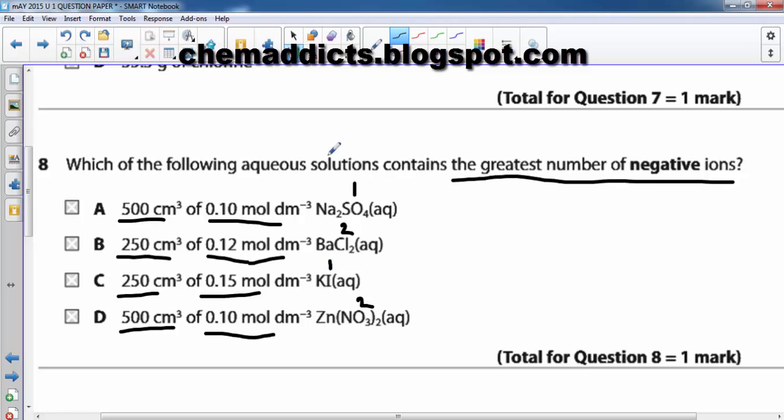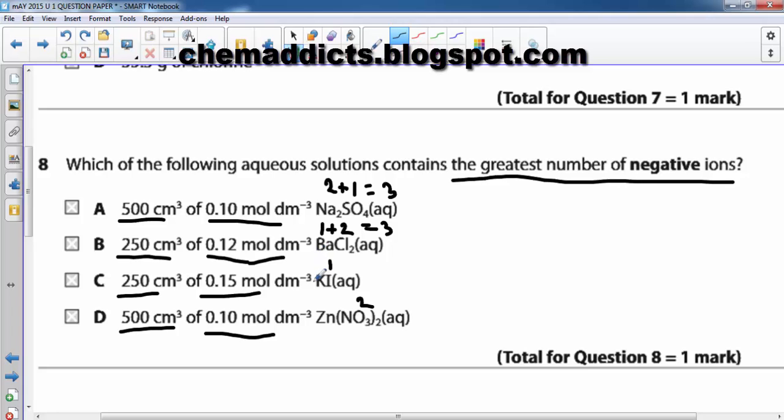Okay, and total number of cations present is 2. 2 plus 1 gives us 3 ions present in sodium sulfate solution, and in the case of barium chloride 1 plus 2 gives us 3 ions.